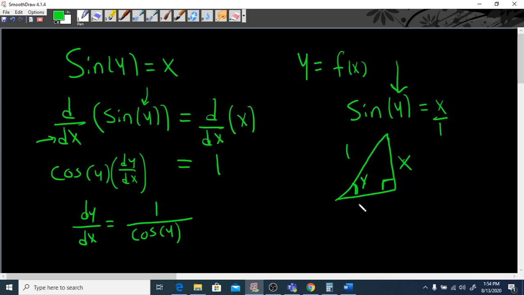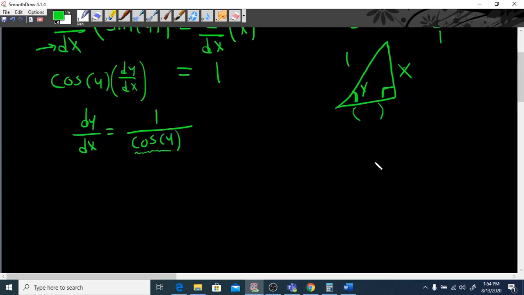Okay, cool. Well, we have the sine, we need the cosine. And if we need the cosine, we need to get this side down here. Thankfully, we have a right triangle, so we can just use the Pythagorean theorem. We basically have something we don't know squared plus x squared equals 1 squared, which is just 1.